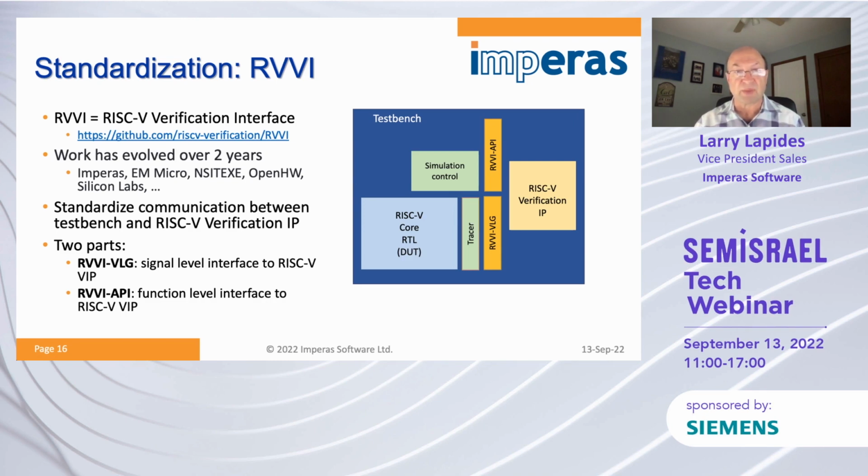That verification IP includes both the reference model and additional verification IP that I'll talk about in a couple of minutes. There are 2 pieces to this. One is the RVVI VLG piece, signal level interface to RISC-V verification IP. And the second is the RVVI API, a function level interface to the verification IP.